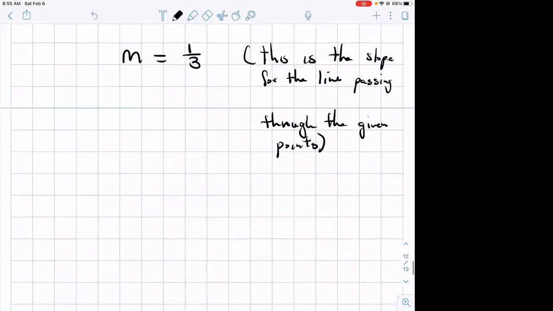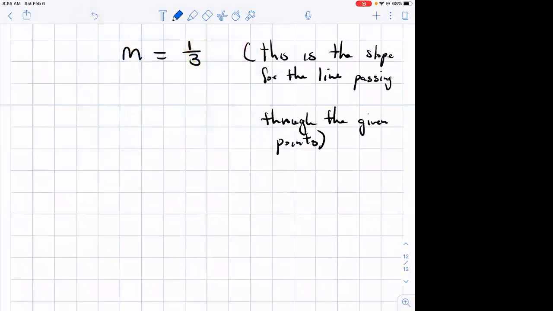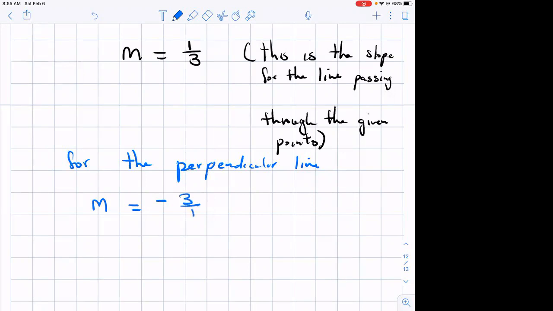Okay? But for the perpendicular line, m will be equal to the negative times the reciprocal, so 1 over 3 becomes 3 over 1. And that becomes negative 3.